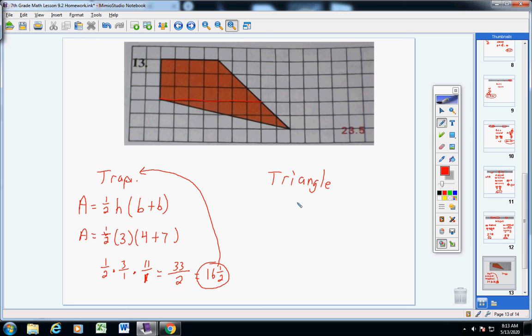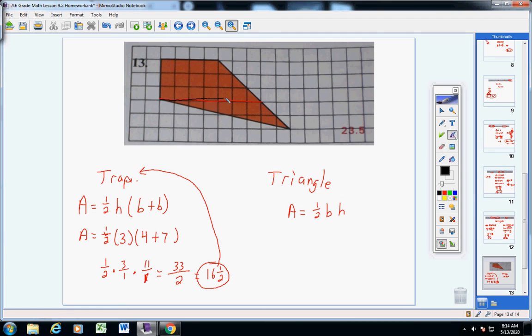Okay, now let's find the area of the triangle, which is 1/2 times the base times the height. Now I think it's best for us to probably copy this triangle and then shift it around. This is a really good thinking problem, and so let's see if we can't figure this out.